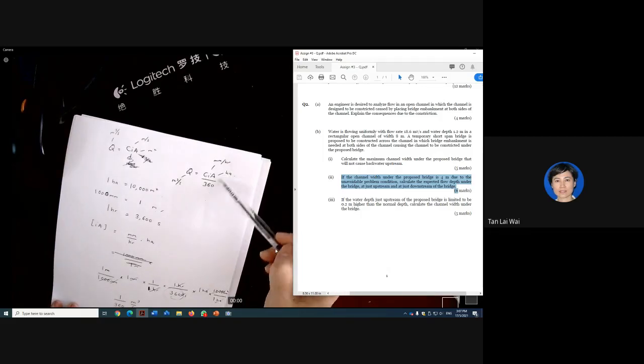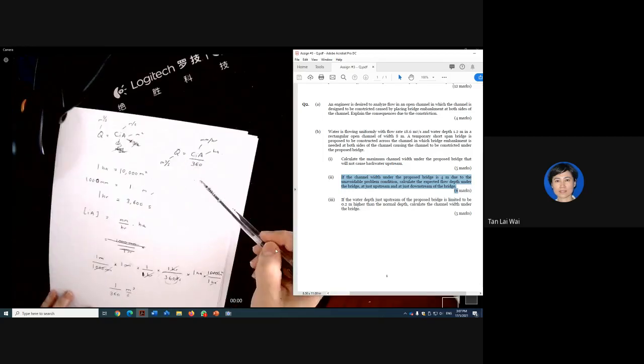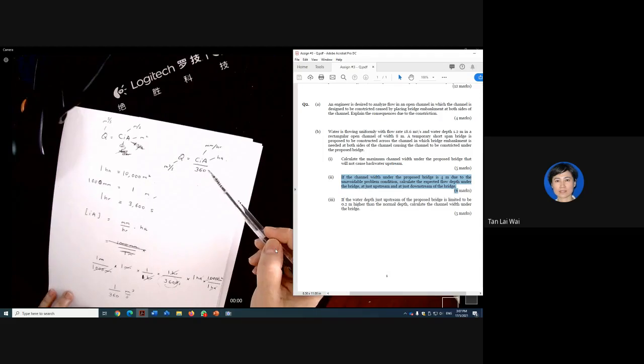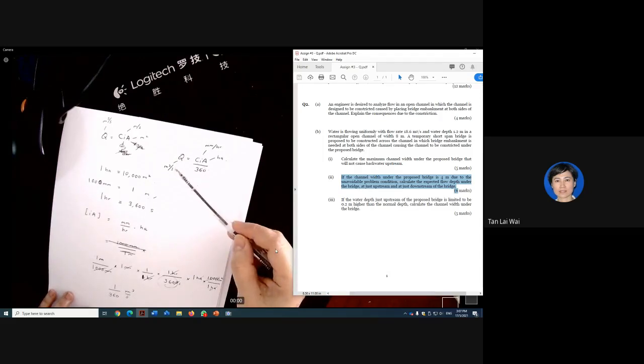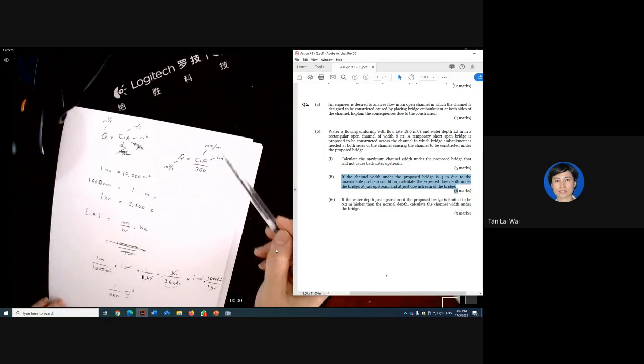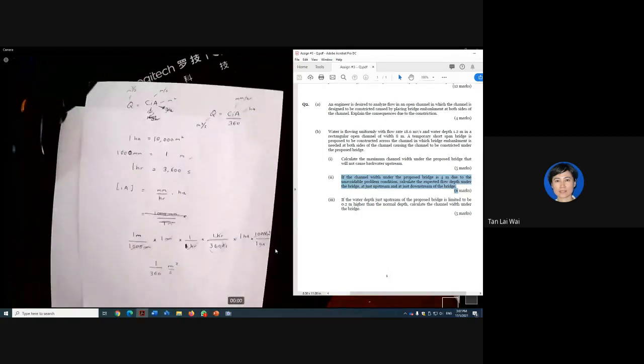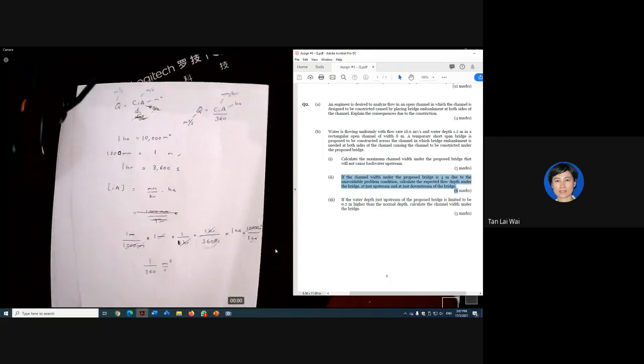So therefore you have this formula. I normally just remember this formula, because I know that division by 360 is just to convert the unit. So I just divide by 360 if I'm using this unit. I hope you are clear. This is just for you to understand the whole formula.